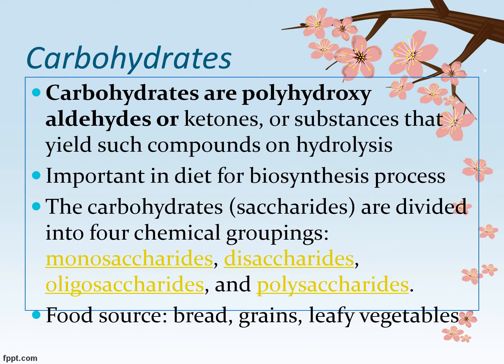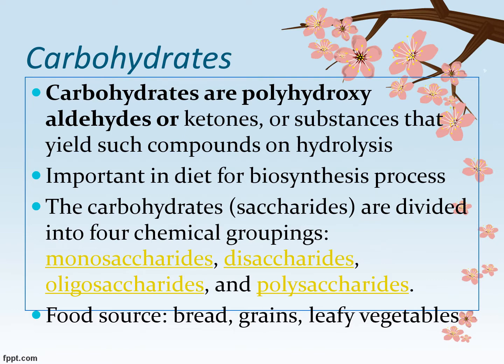So carbohydrates are divided into 4 groups. Okay, the first one is monosaccharides, the second one is disaccharides, the third one is oligosaccharides, and the fourth one is polysaccharides. And we will look into detail of these 4 groups later.